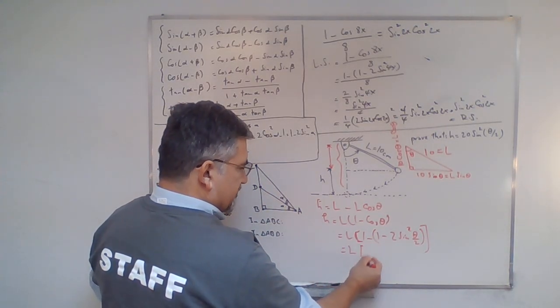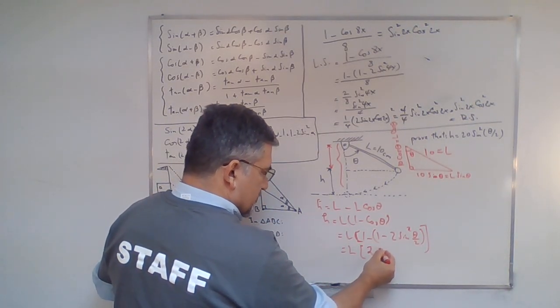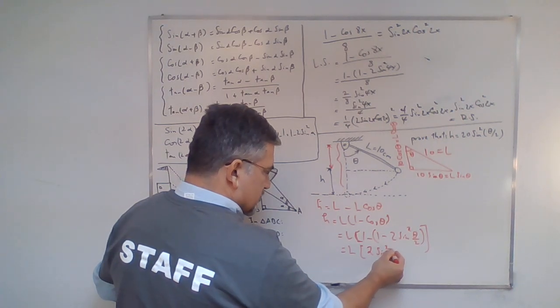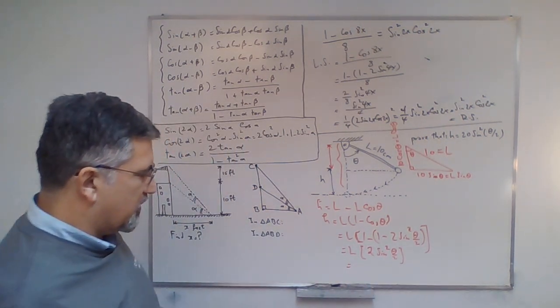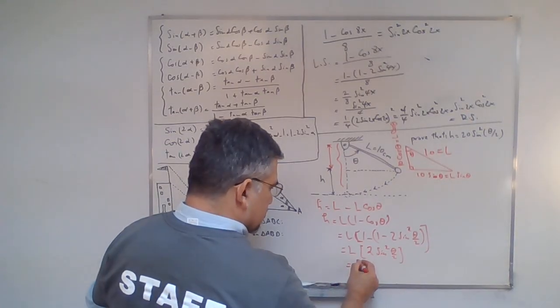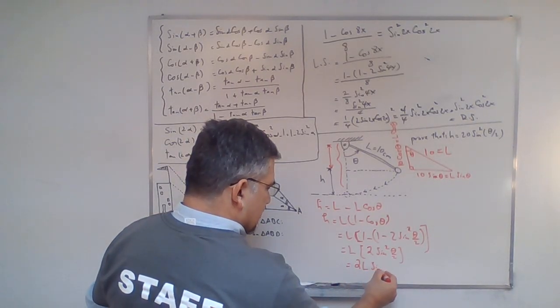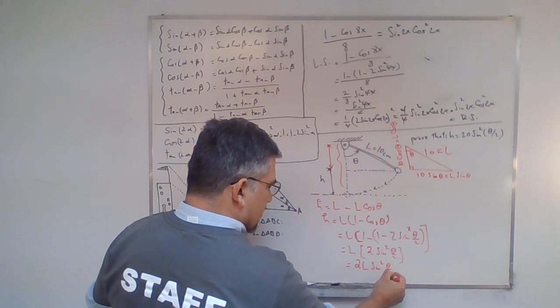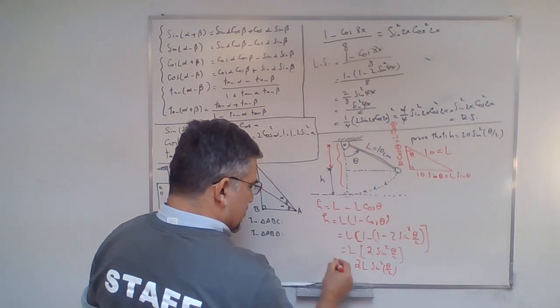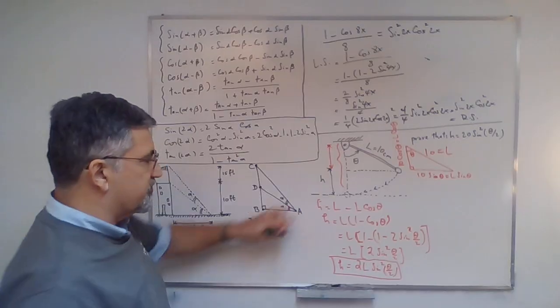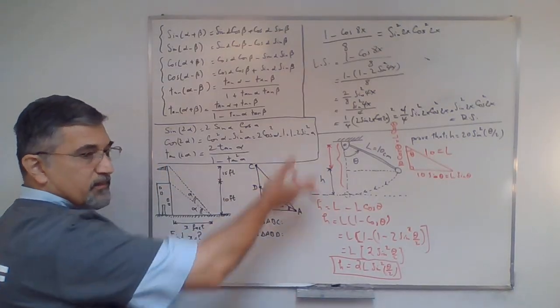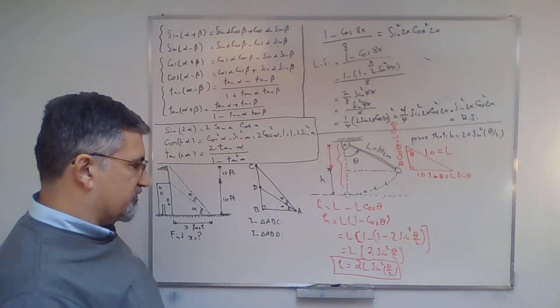And then we have 1 minus 1, which cancels. So we get 2 times sine squared of half angle. And then the answer becomes 2L sine squared of half angle. So H becomes this expression. We found a formula for H, the vertical displacement of the bob of the pendulum.